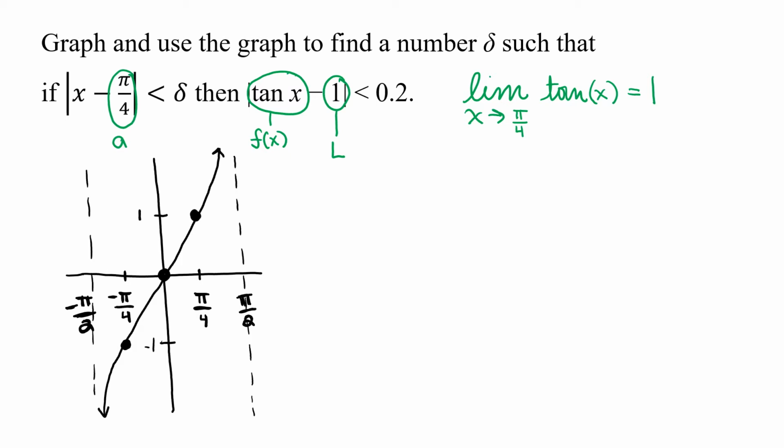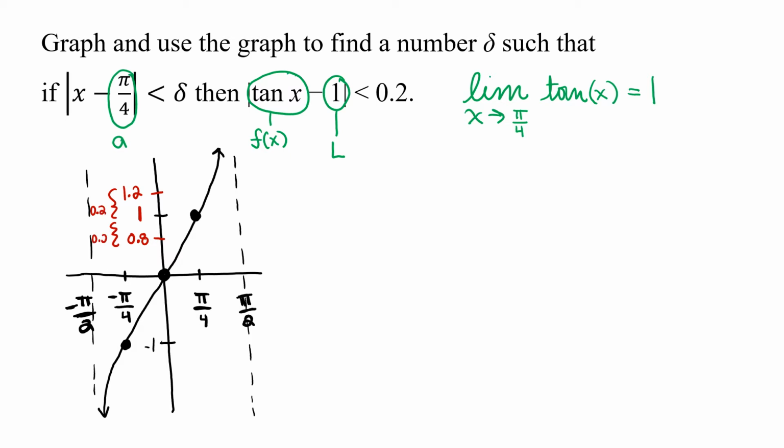Okay, so we know that for our error band, we're centered at 1, and that the maximum distance away from 1 that we want to go is 0.2. So 1 plus 0.2 will give us 1.2, and 1 minus 0.2 will give us 0.8. And we have that distance, epsilon, or error epsilon, of 0.2.